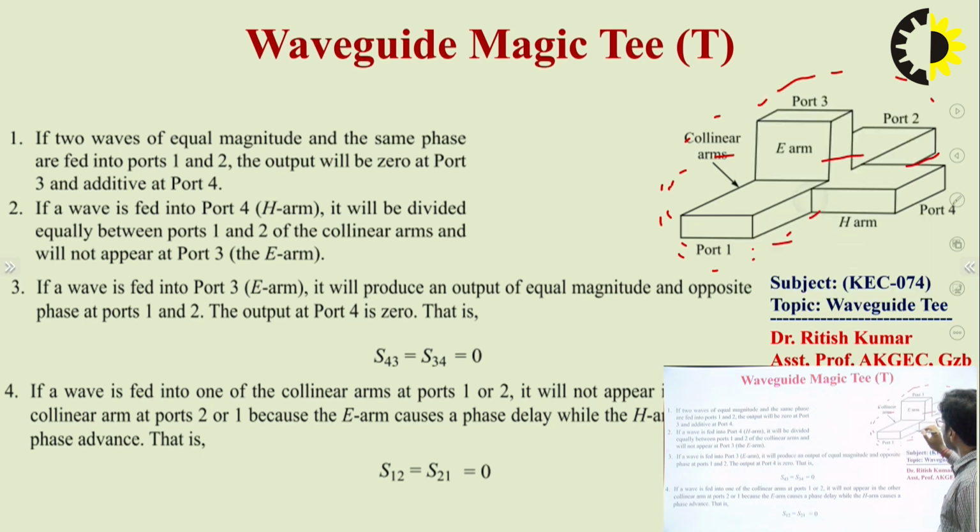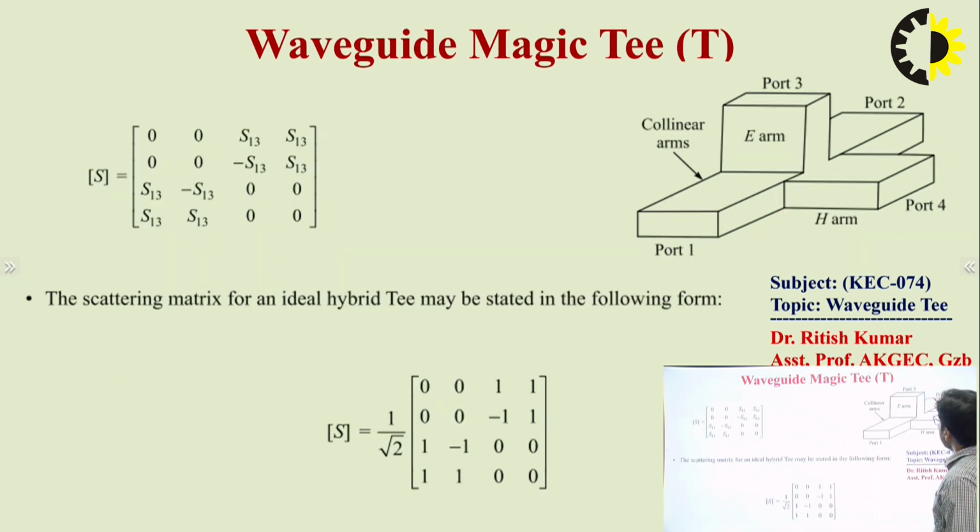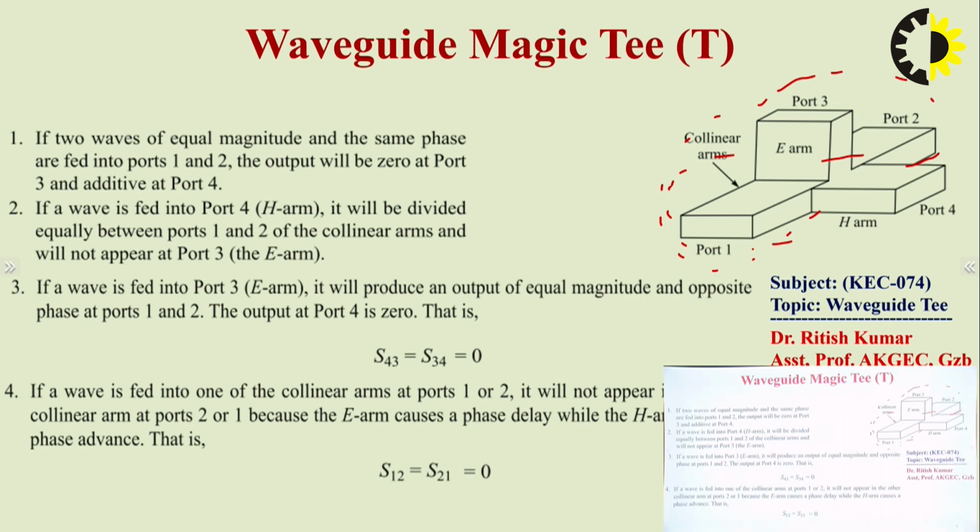So now, this is a 4-port device we can see here. Now, why is port number 3 also known as the summation or subtraction port, according to the phase given at port number 1 and port number 2 in this T, right.